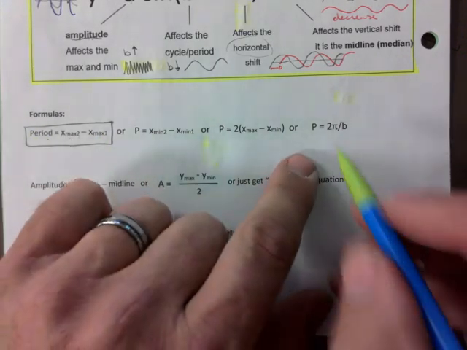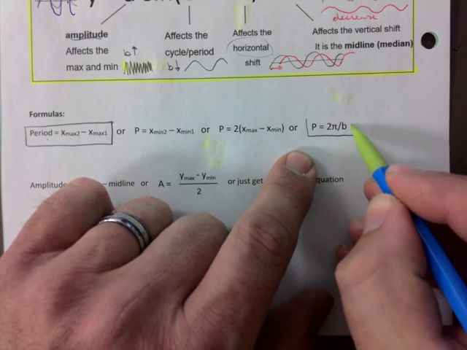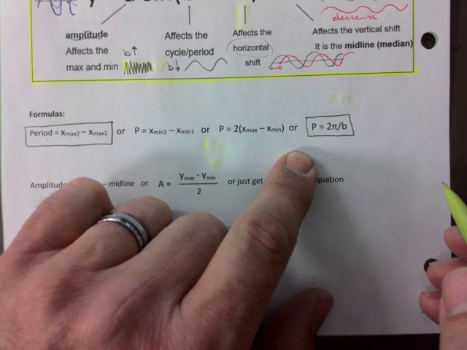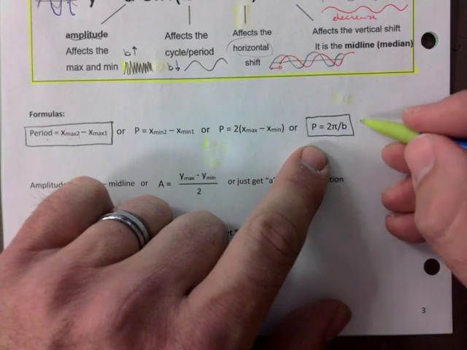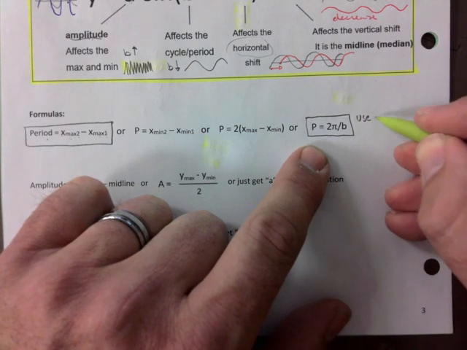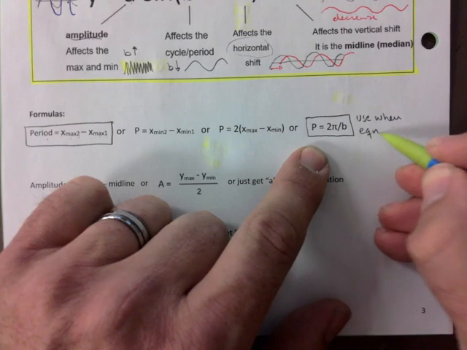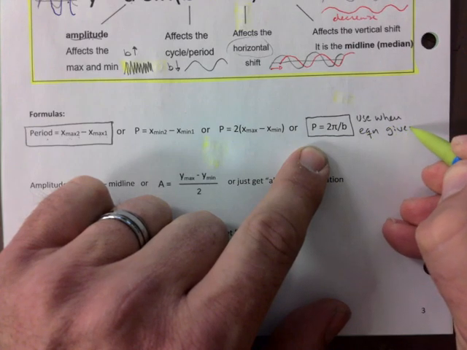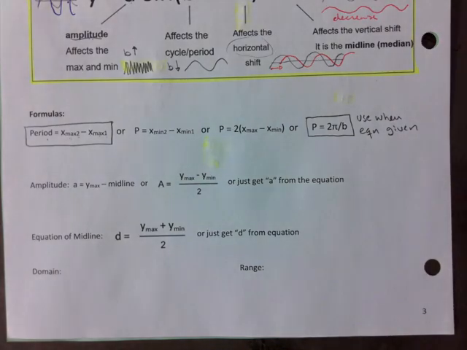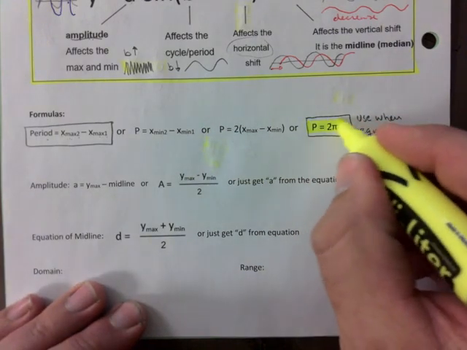This is the other one I want you to box in. These are important here. Use this one when the equation is given. This is probably going to be the most popular way to find the period of the function.